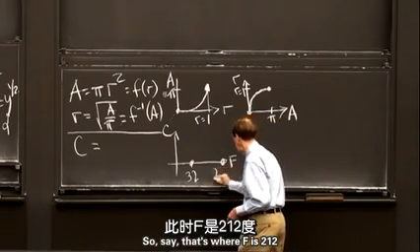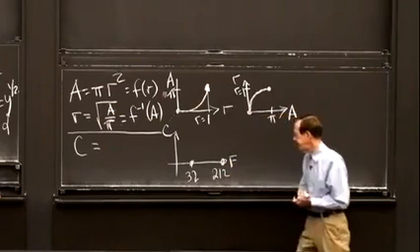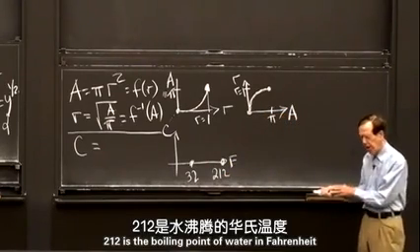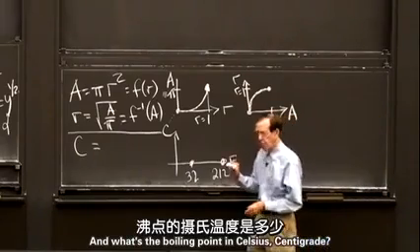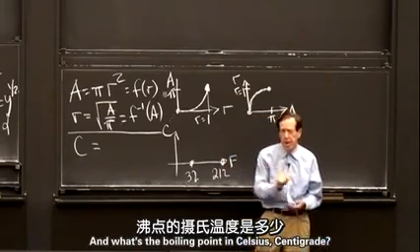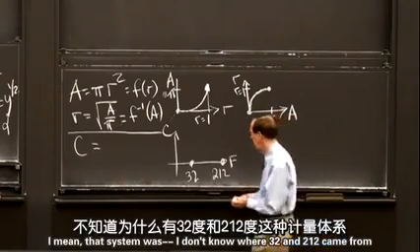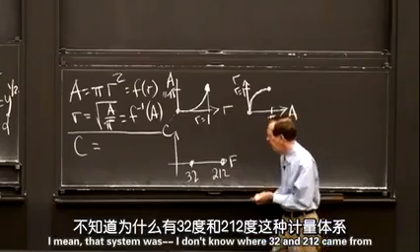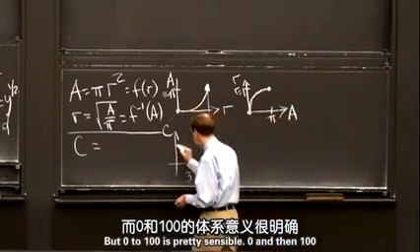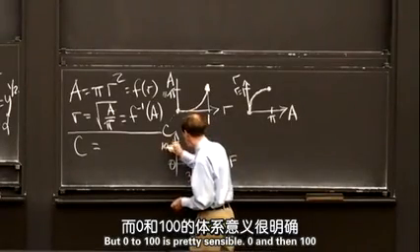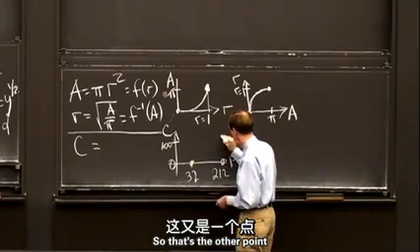So say that's when F is 212. 212 is the boiling point of water in Fahrenheit. And what's the boiling point in Celsius, centigrade? 100. I don't know where 32 and 212 came from, but 0 to 100 is pretty sensible. So that's the other point.